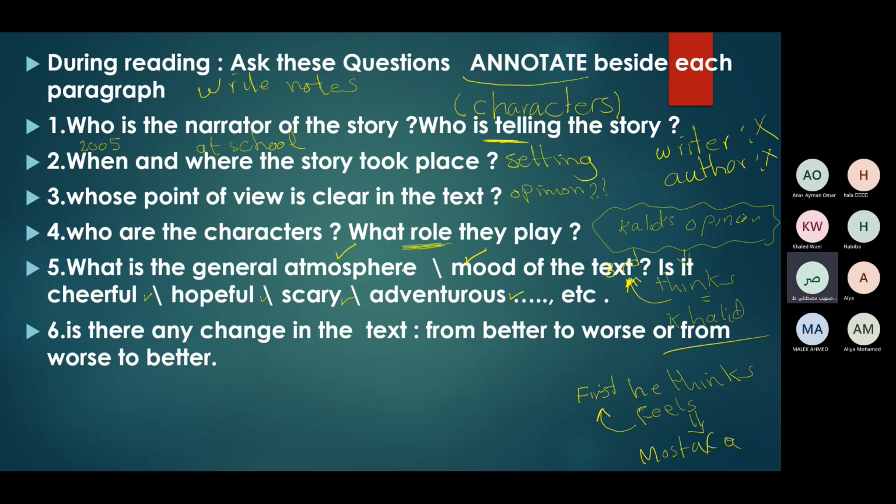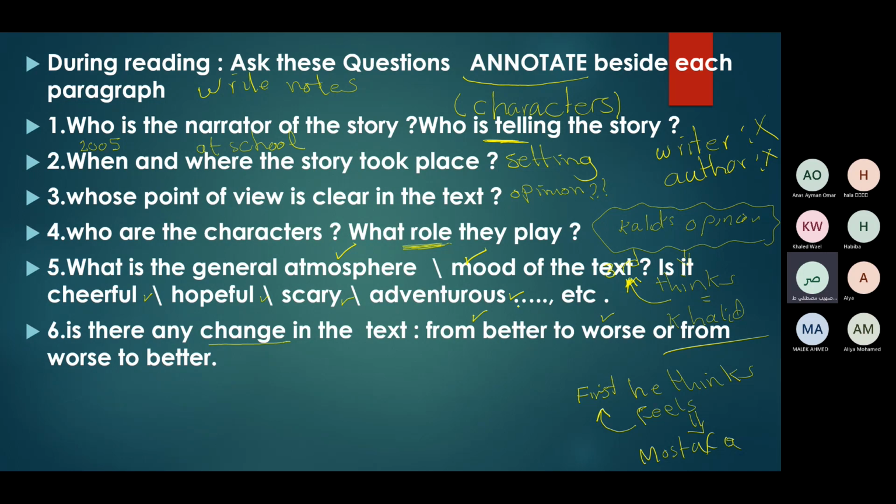Question six. Is there any change in the text? This type of question is very necessary. Give it greater consideration, please. What I mean by change in the text is any change that happens in the text from better to worse.